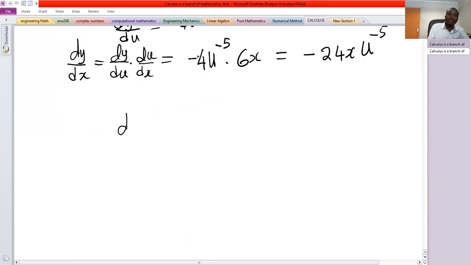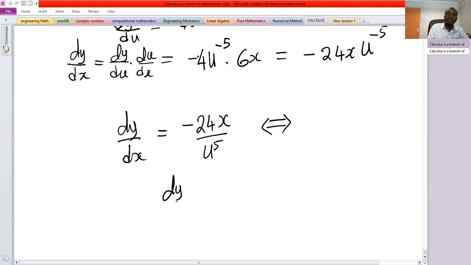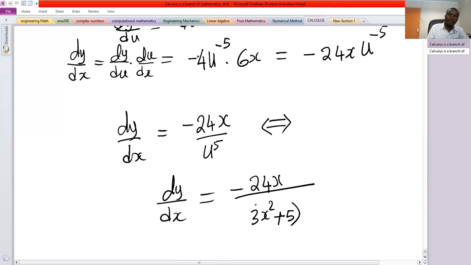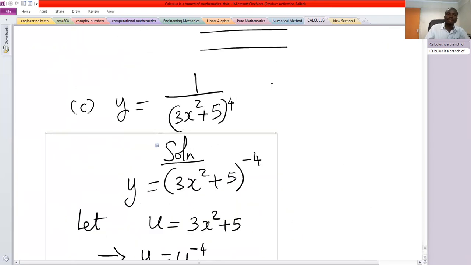So it's the same as dy dx equals minus 24x over u power 5, which is the same thing as saying dy dx is minus 24x divided by (3x squared plus 5) raised power 5, because this u was our own creation. So this is the solution to part C.